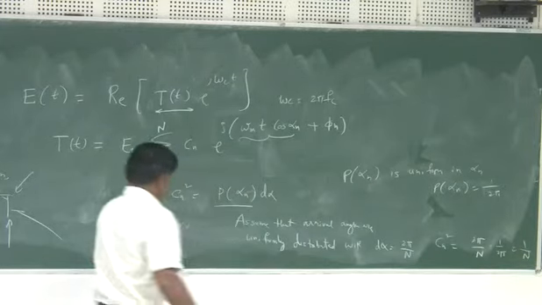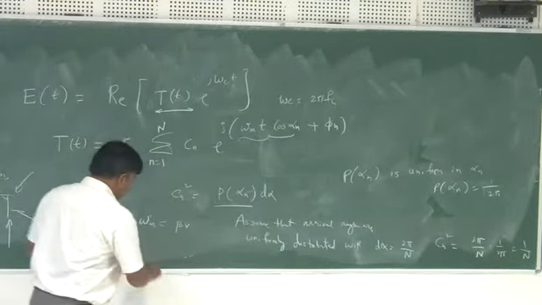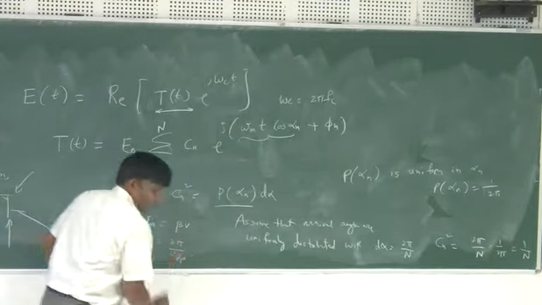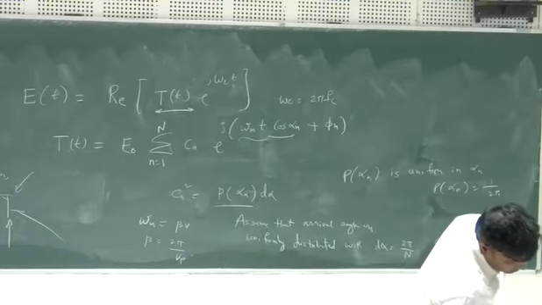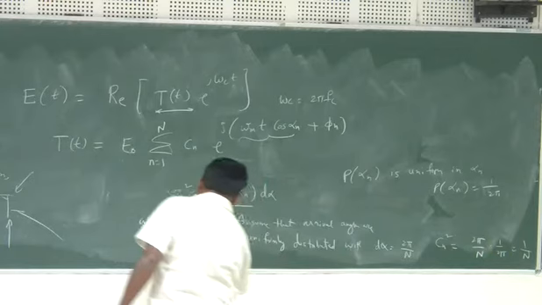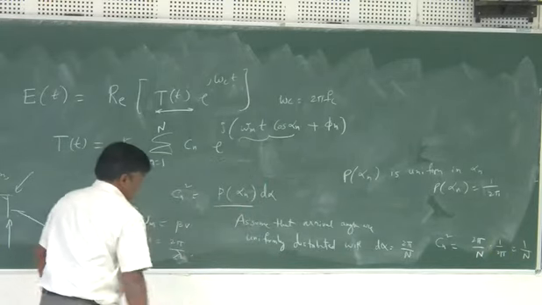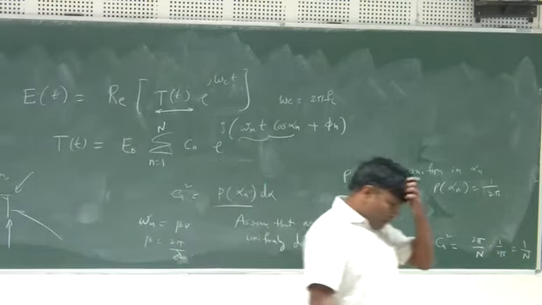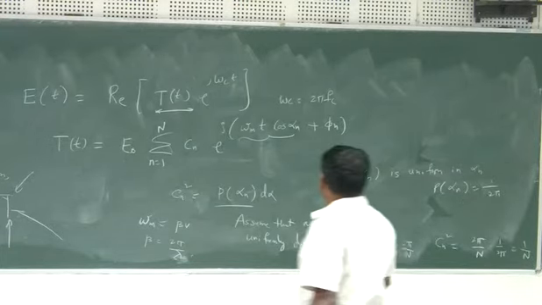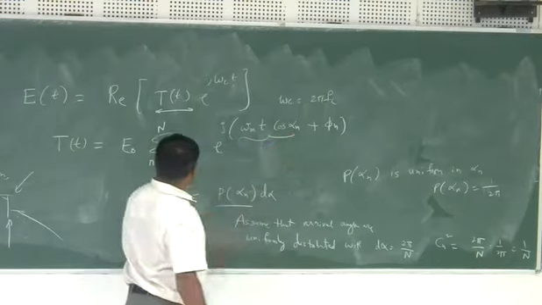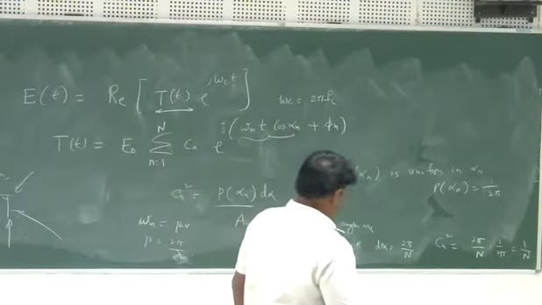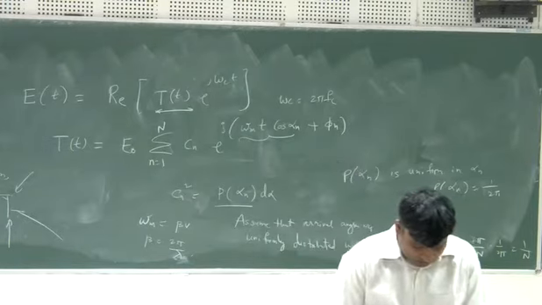Now, how to calculate beta? It is 2 pi by lambda. That's easy. Okay. So we know beta m. The alpha n's are, well, they're uniform, right?